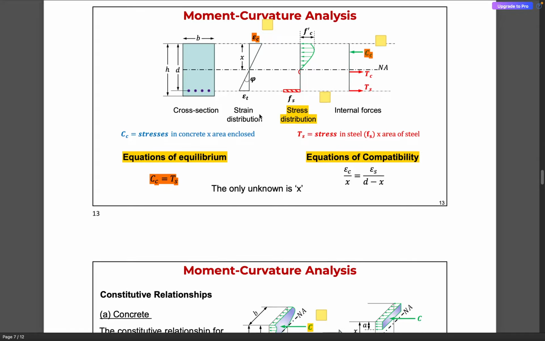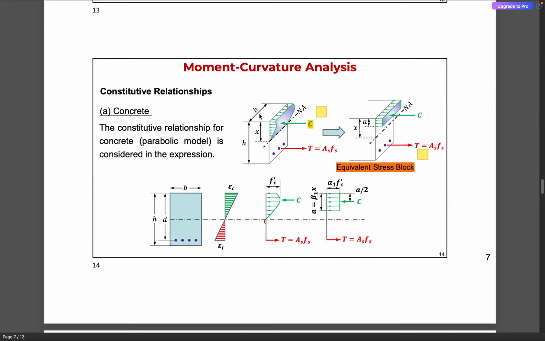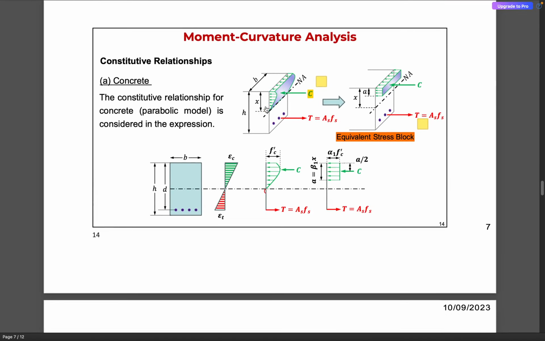Essentially, what we are doing is we consider the stress strain behavior of concrete under compression, and since it forms a parabolic law, we are going to convert it into an equivalent rectangular stress block.